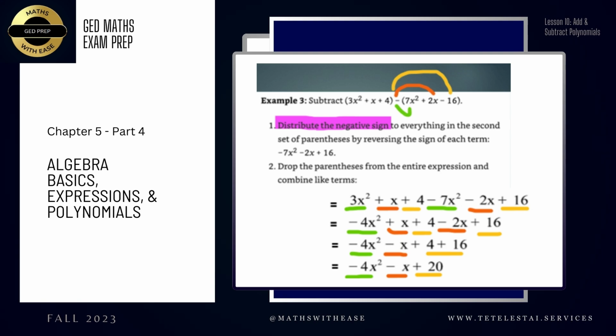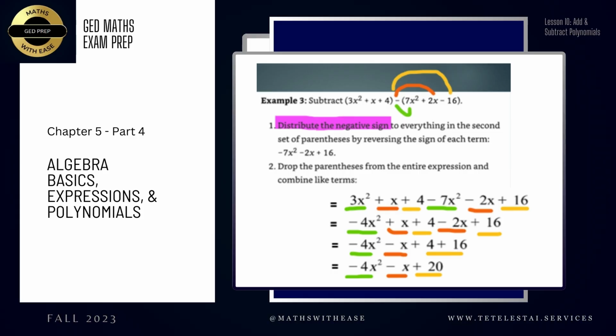So let's start. -1 times 7x squared will give us -7x squared, as you can see here. Then -1 times 2x will give us -2x. -1 times -16 is +16.